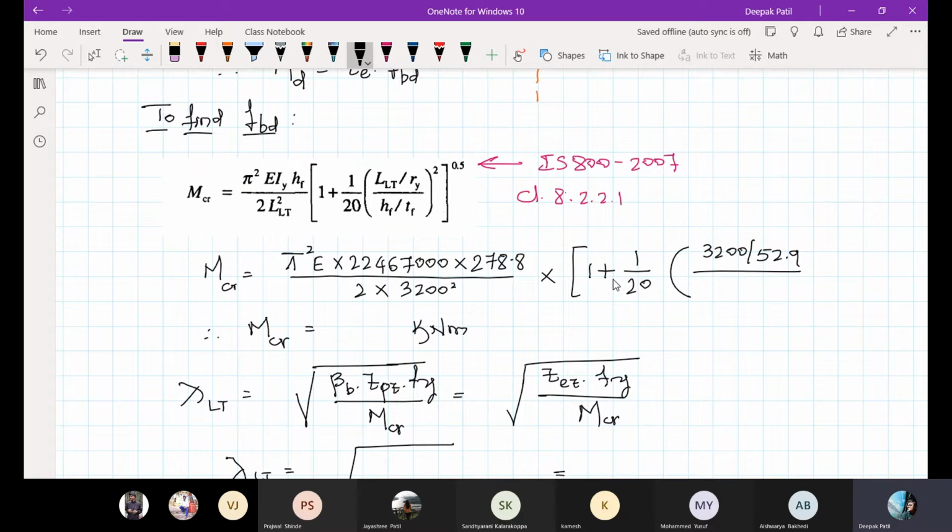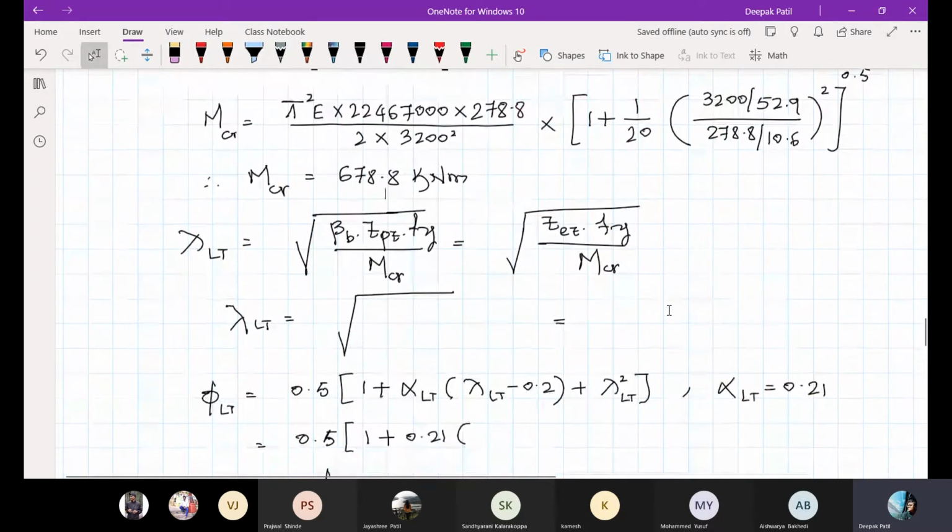This divided by HF, that is 278.8, divided by TF, which is the thickness of flange, that is 10.6. So this square and this whole raised to 0.5. Once you solve this, I'm getting it as 678.8 kilonewton meter. That is elastic critical moment.